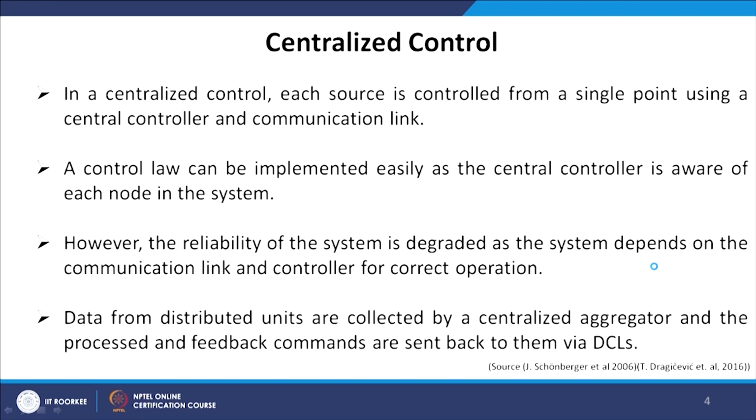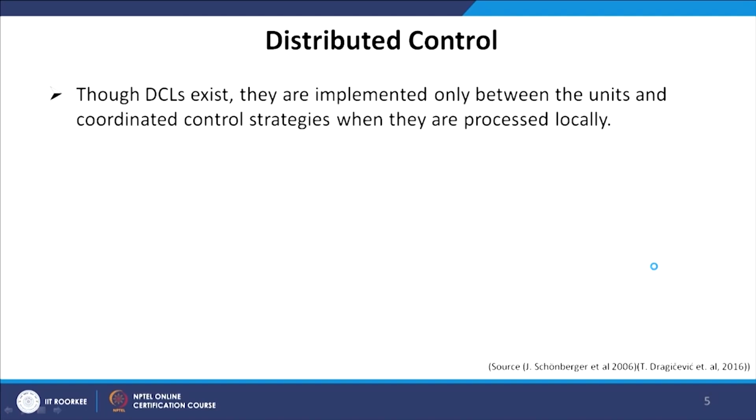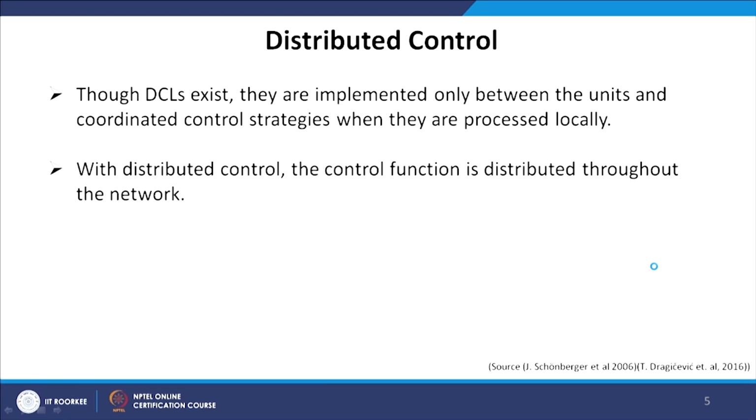Data from distributed units are collected by a centralized aggregator, and the processed feedback commands are sent back via DCLs. Now, in case of distributed control, though DCLs exist, they are implemented only between the units, and coordinated control strategies are processed locally.